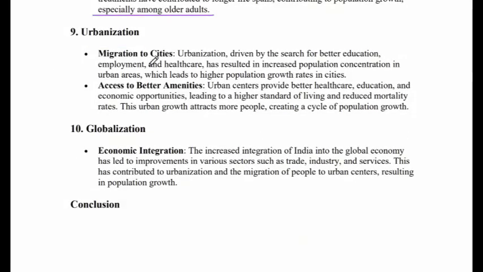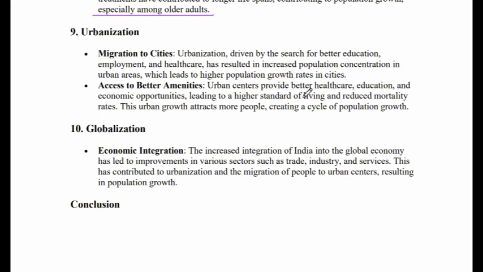Urbanization. Once again, people are migrating to cities in search of better education, employment, and healthcare, and this has resulted in increased population concentration in urban areas. This has led to a higher population growth rate in cities.